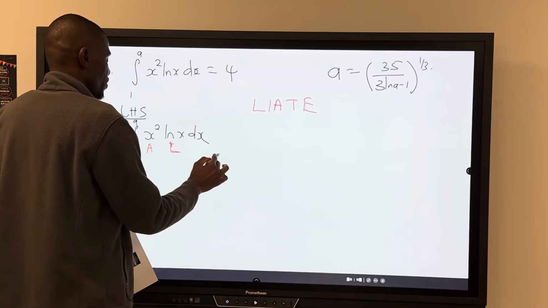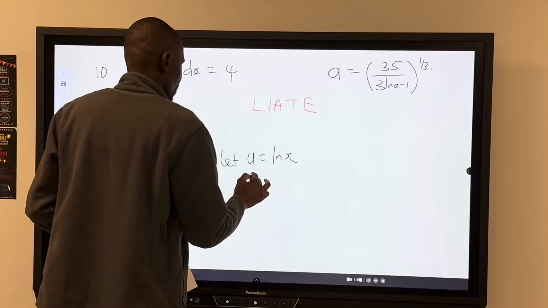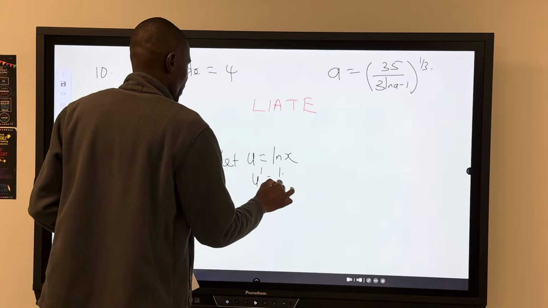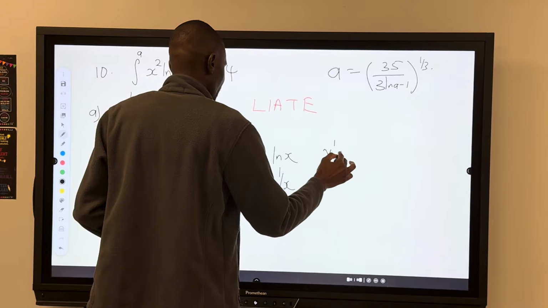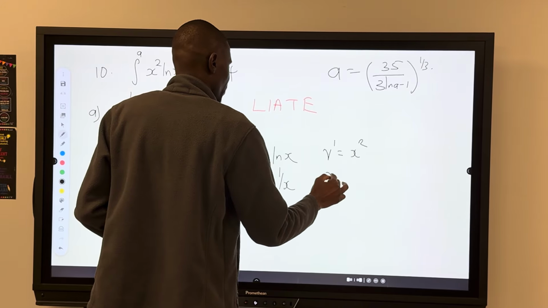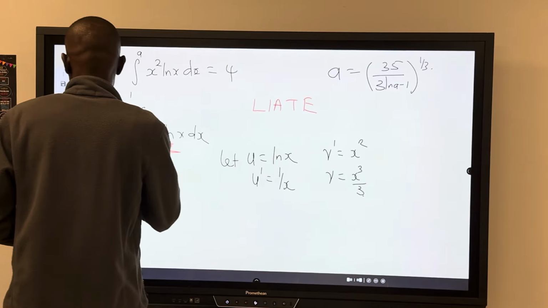We let u equal natural log of x, and if we differentiate, we get 1 over x. Our dv here is equal to x squared, so if we integrate, we get x cubed over 3.